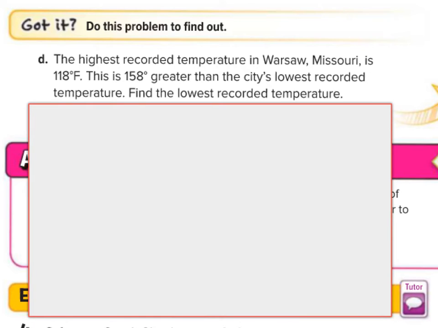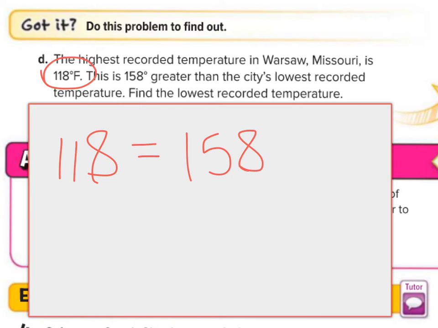So we're saying that 118 right there is our record hot, and that 118 is made up of 158 and something else. What is that we're looking for? Find the lowest recorded temperature.